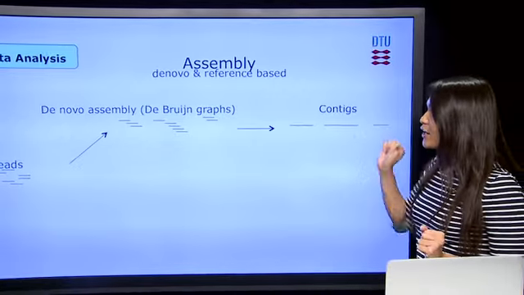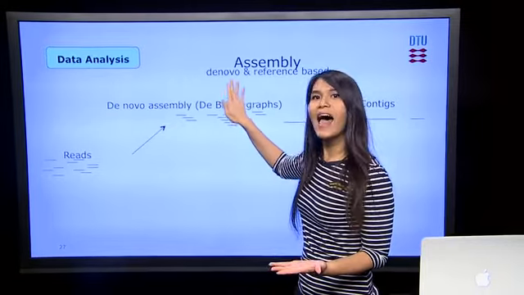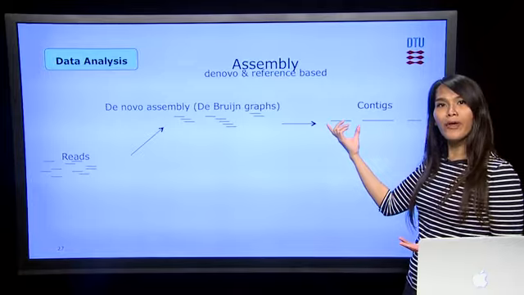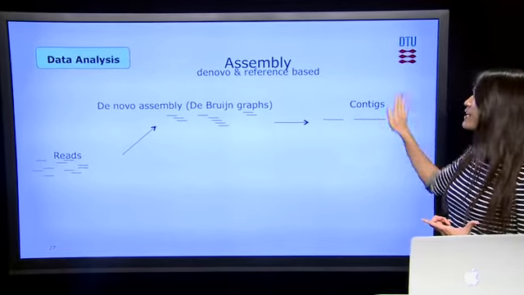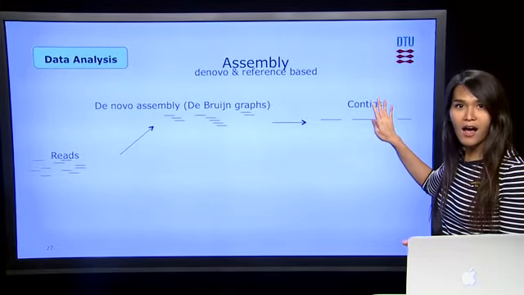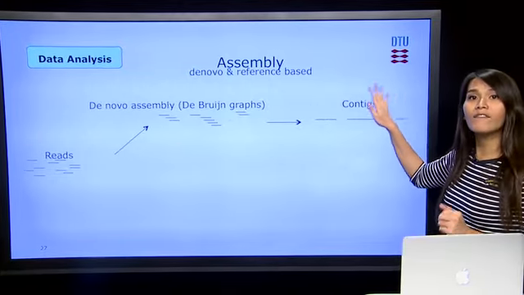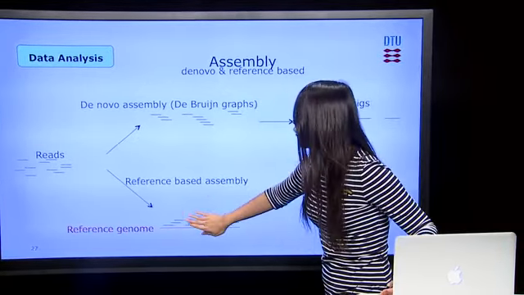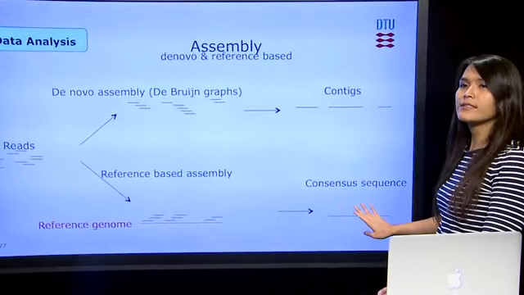Okay, and if you remember, the format for the raw reads is FASTQ. And once you do the de novo assembly, assembling them into the larger sequences that we call contigs, the format is not going to be FASTQ, but it's going to be FASTA. Okay, raw reads FASTQ, contigs FASTA. And for the mapping, you just map the reads to the reference genome, and then you get the consensus sequence.